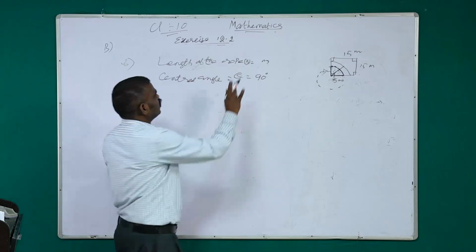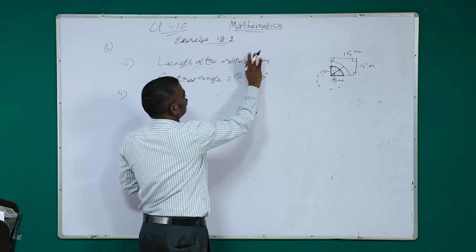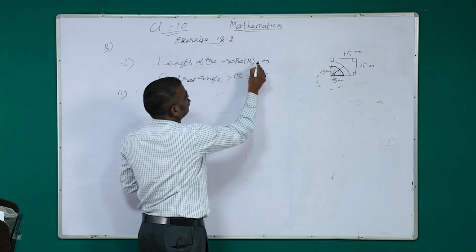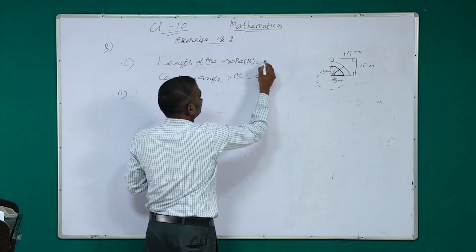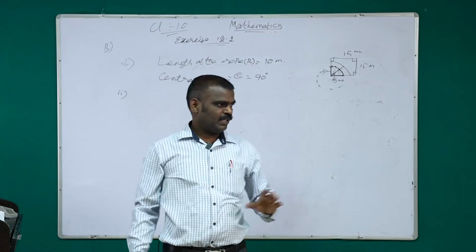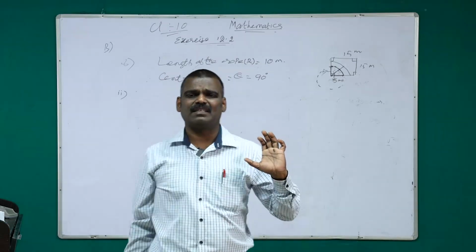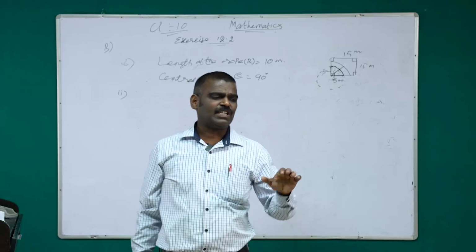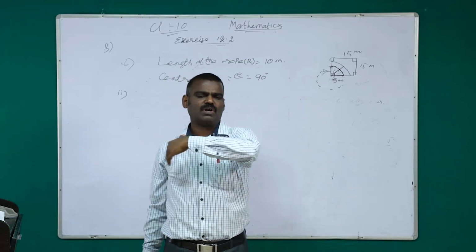So, the length of the rope is equal to, now it is capital R, how many meter? 10 meter. That means the cow can graze the field, a little more area it can go and graze.